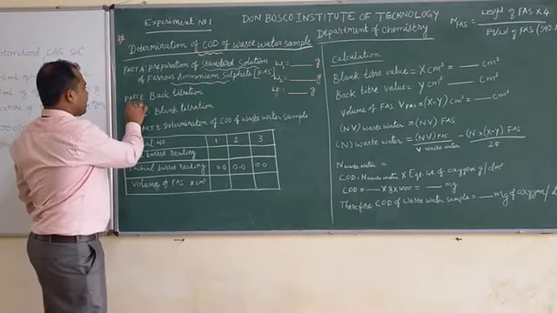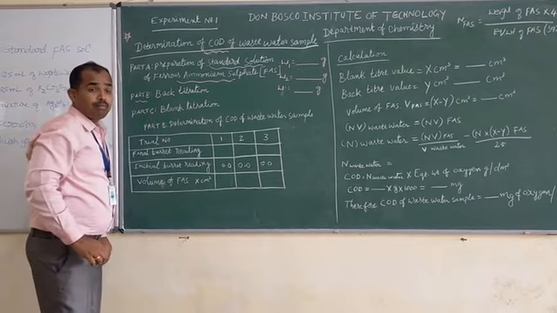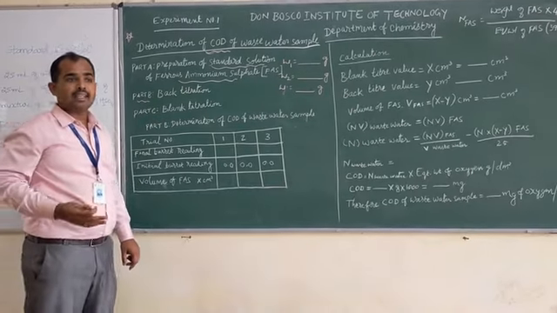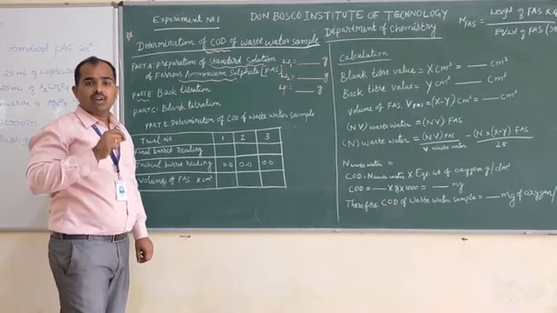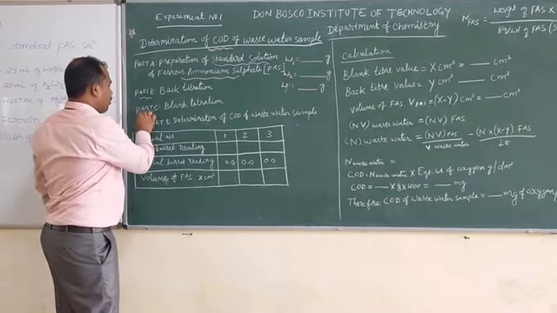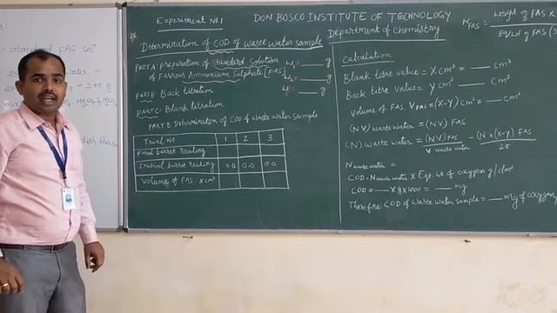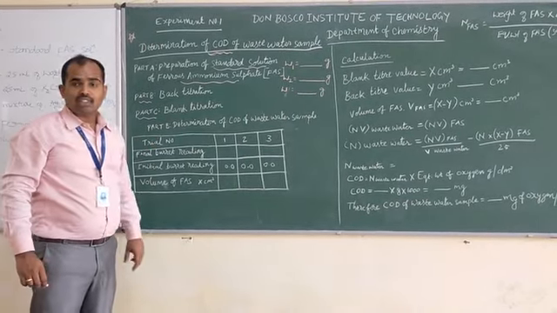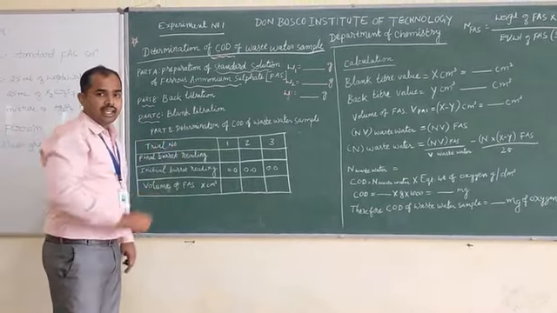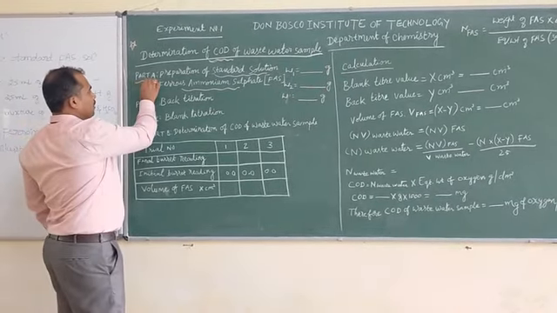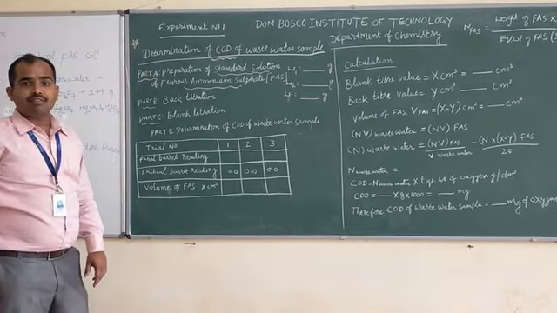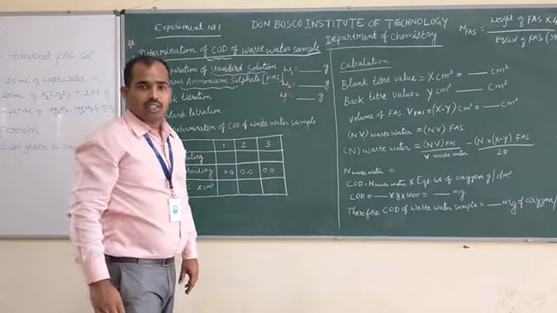Then the second part is the back titration, which means the reaction is carried out in the presence of the wastewater sample. And the third point is that the reaction is carried out without the wastewater sample, called the blank titration. Then let me look into the first step, that is the preparation of the standard ferrous ammonium sulfate solution.